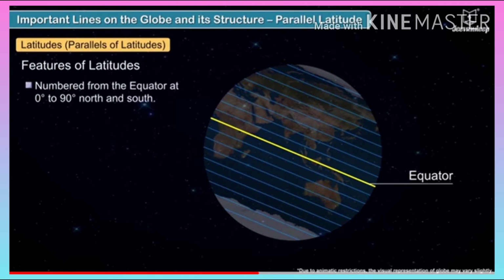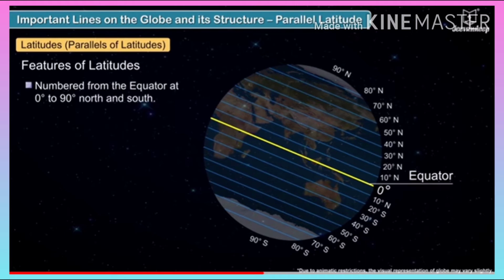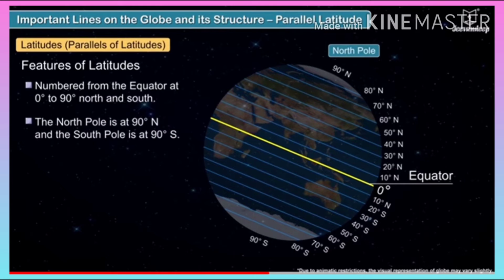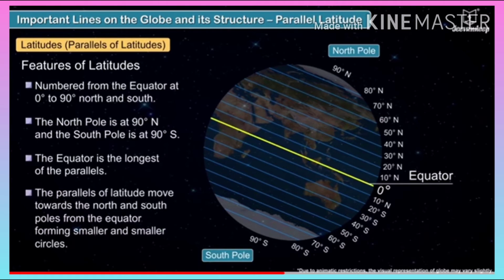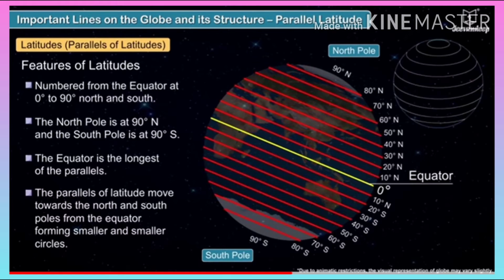Latitudes are numbered from the equator at 0 degree to 90 degrees north and south. The North Pole is at 90 degrees north and the South Pole is at 90 degrees south. The equator is the longest of the parallels. The parallels of latitude move towards the north and south poles from the equator, forming smaller and smaller circles.